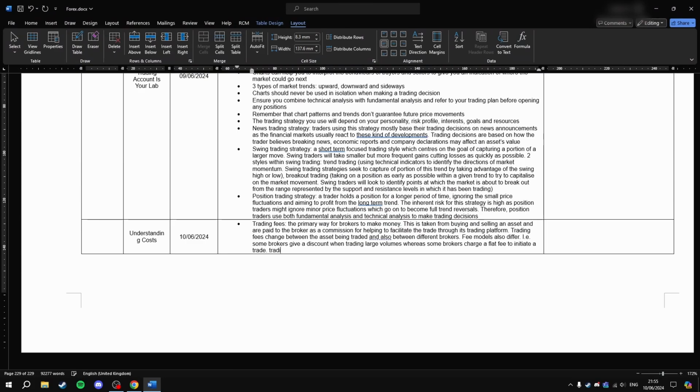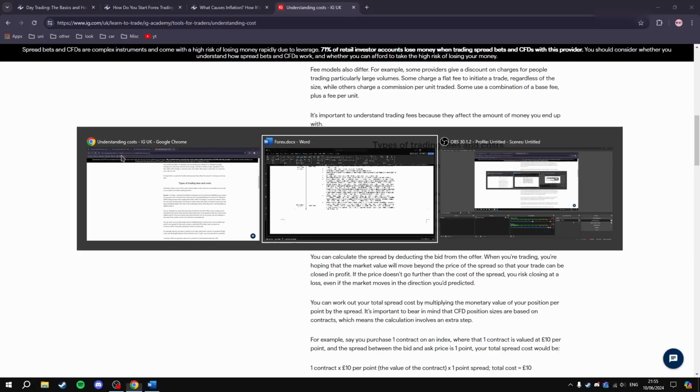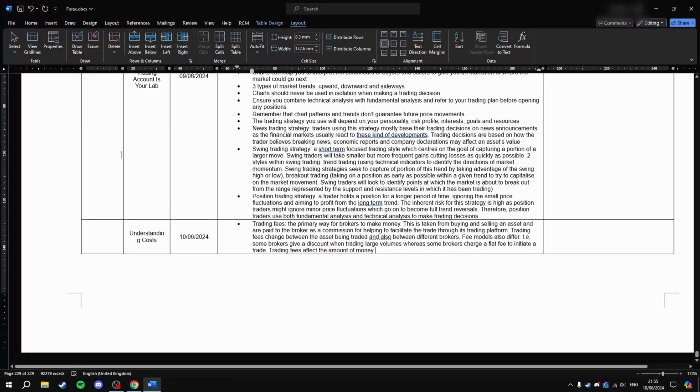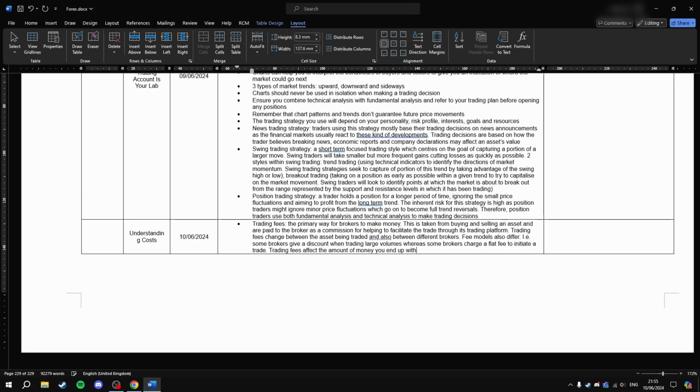So trading fees affect the amount of money you end up with.